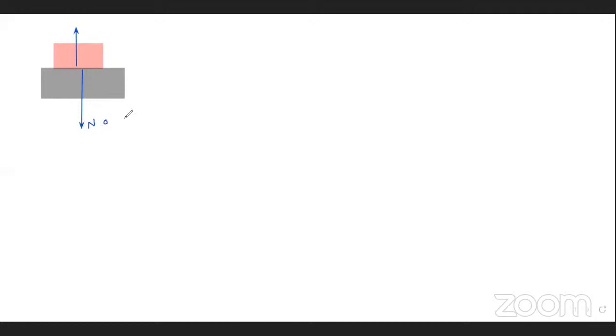Yes, this is on black. Very good. And this one, N on, of course, red. So likewise, we have to draw two normal reactions at the line of contact. This is the line of contact.